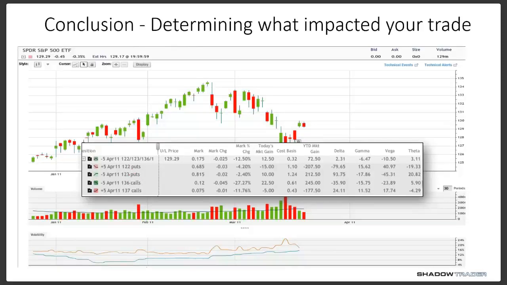I'm bound between these two, about $14. To limit my risk, I bought the 122 puts. To limit my risk on the call side, I bought the 137 calls. So I'm $1 wide and $1 wide. But the stock can't be at both places at the same time. It can only be up here or down here.